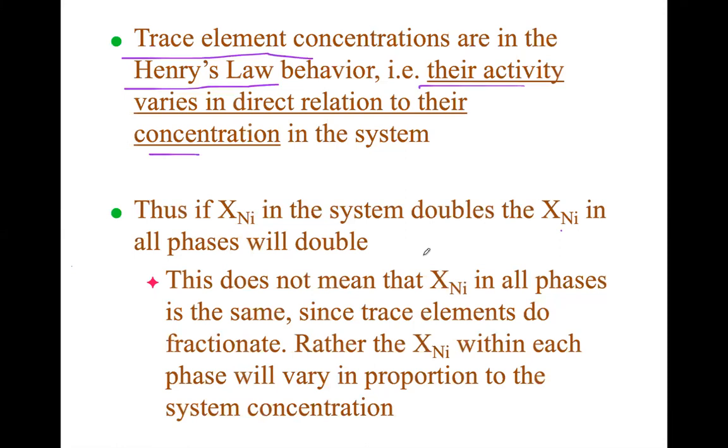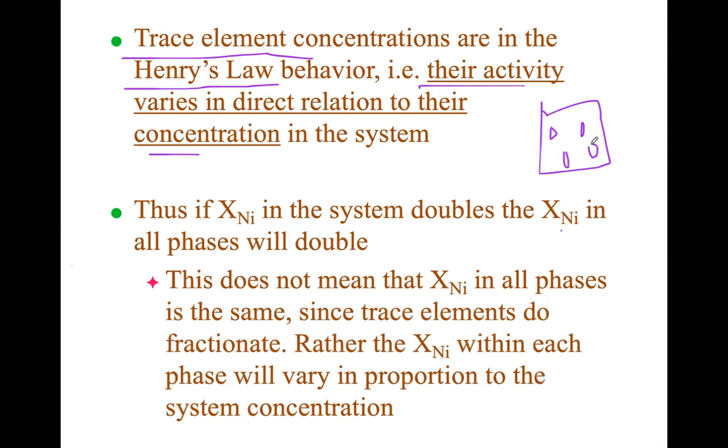So if you want to make it in simple terms, you can have a system here, right? This is a complete system. There may be many phases, right? You can have olivine, CPX, OPX, like that.